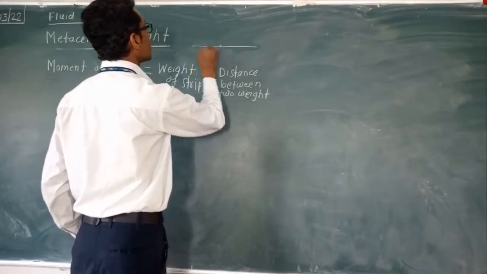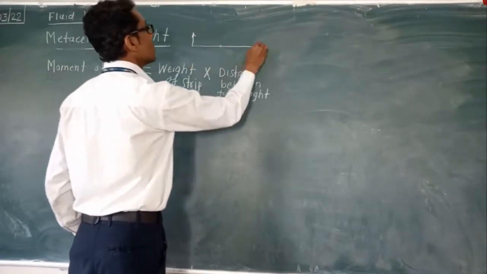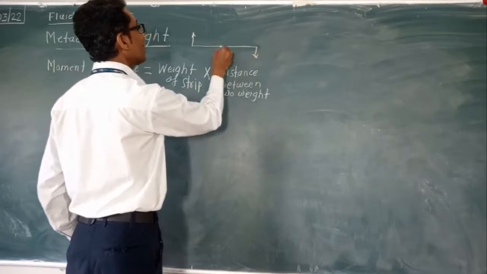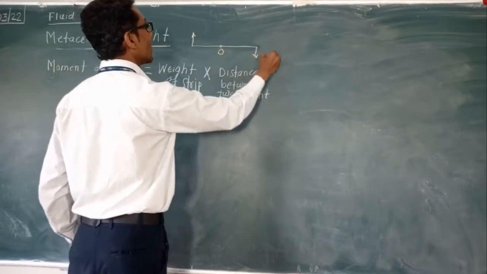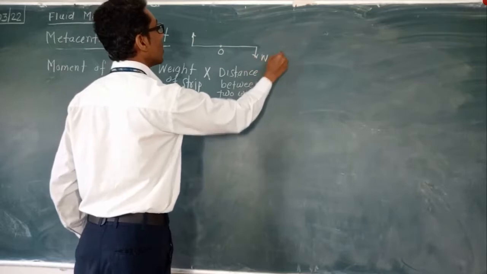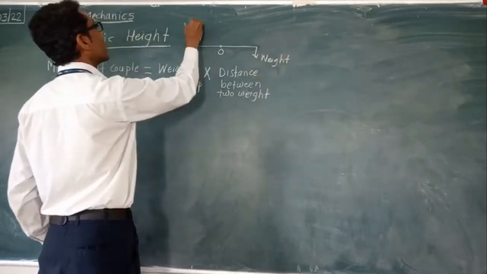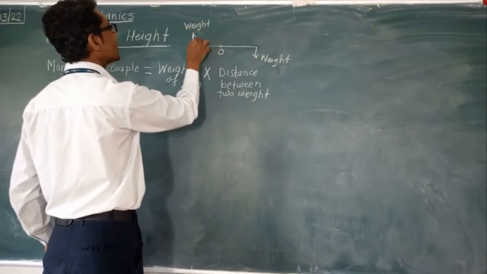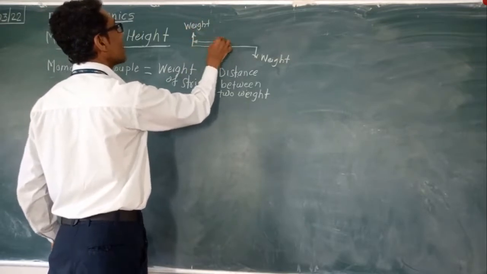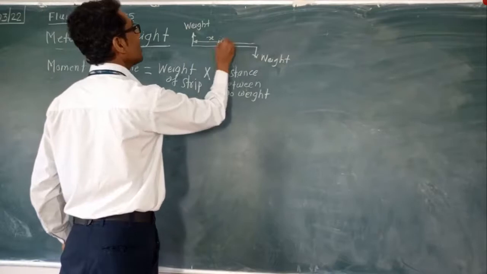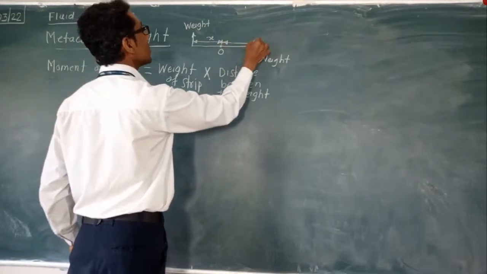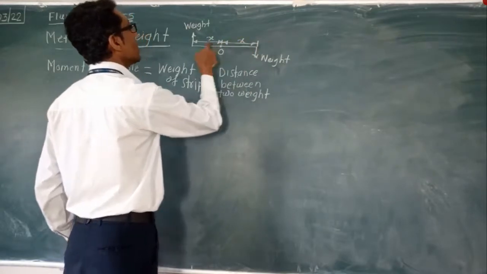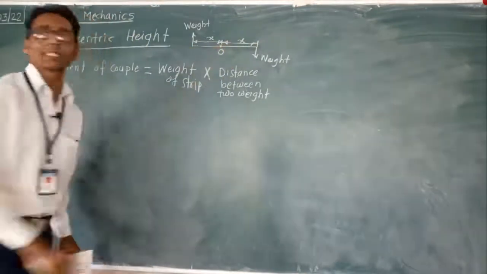Okay, I am showing here just by the free body diagram. This is the point O. So here is a weight acting and here is a weight acting. So this distance is x and here this distance is x. This is the left side distance, this is the right side distance.